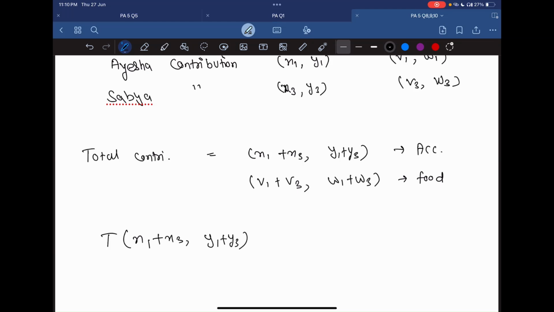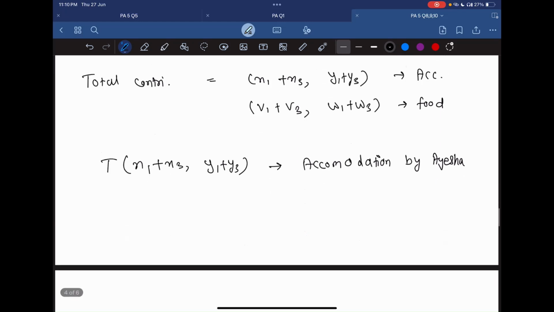So that is denoted by our total contribution for accommodation by Aisha, if she pays on behalf of both herself and Sabya. And similarly, for food, it would be V1 plus V3, W1 plus W3. This is the food contribution by Aisha.